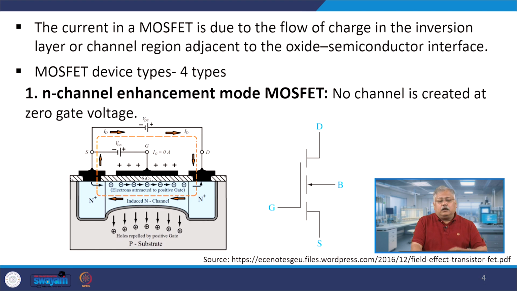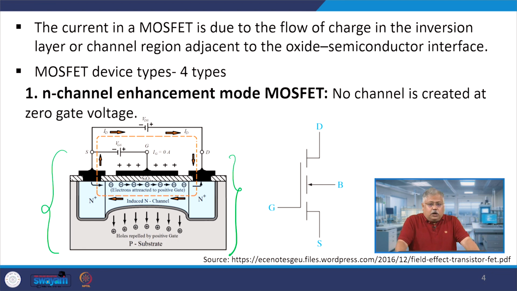Let us look at, for the first time in this course, the basic cross sectional diagram of a MOSFET, and we will discuss why MOSFET is of 4 types. Look at this point. If you look very carefully, this black color is basically my gate.